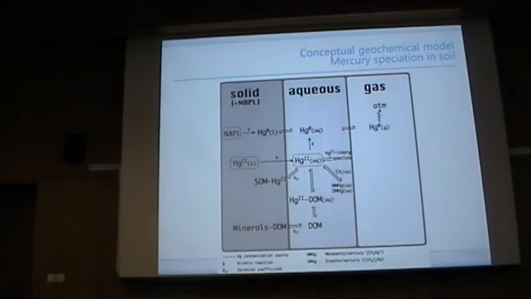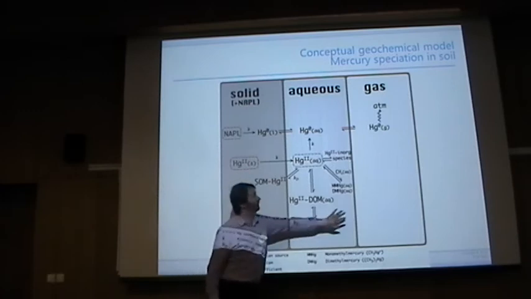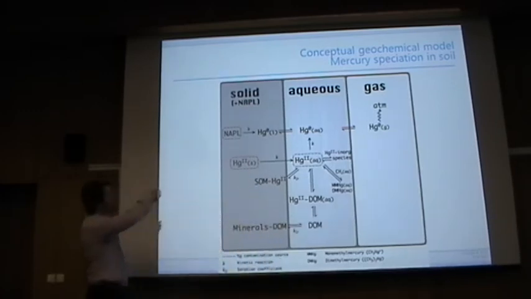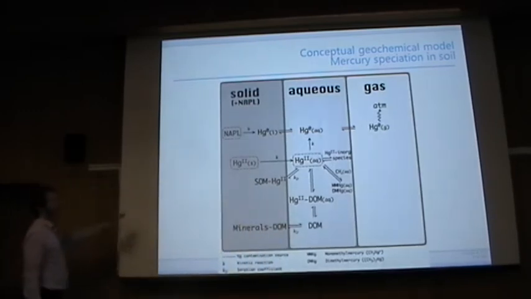So with all these things which I discussed now, you can incorporate quite complex reaction networks within this model. And here I have an example of mercury, and I have another talk within half an hour where I will go into more detail on this model. But basically you see we have mercury species in the three phases, so in the gas phase, the aqueous phase, and in the solid phase.